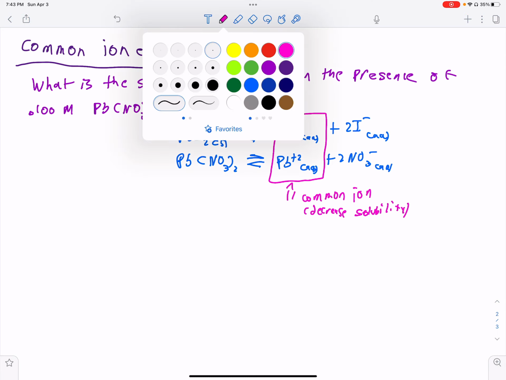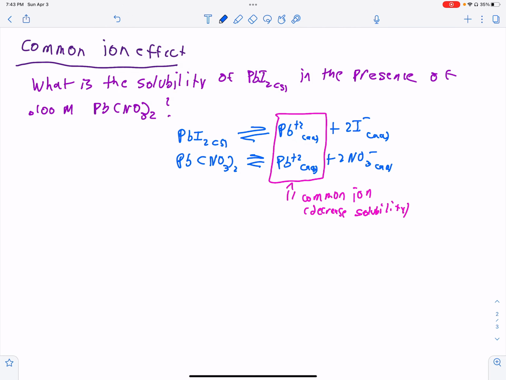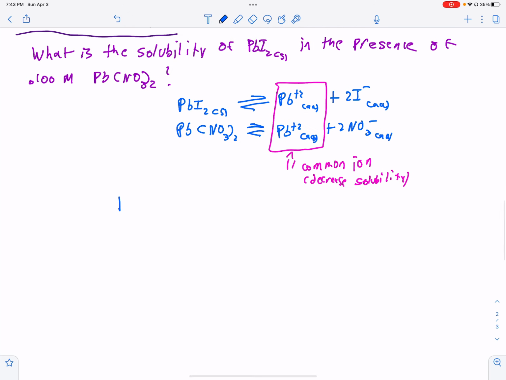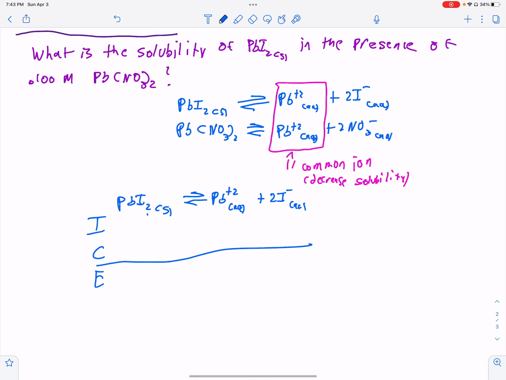So what I'm going to do now is rewrite the dissociation of the lead-2 iodide, since that's what I'm looking for in terms of the molar solubility, and I'm going to ICE this. When I make my ICE table, same as always, we don't care about the initial. Now, initially, I have to be careful here.